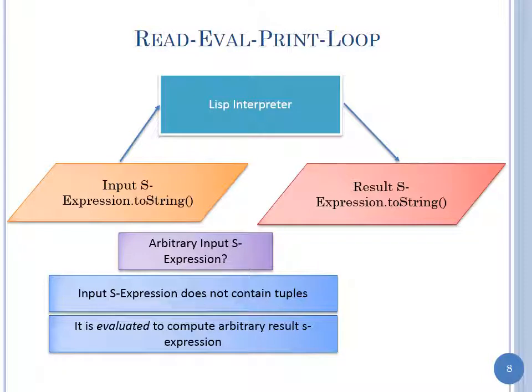Okay, so now we understand the Lisp interpreter a little bit better. So now we know that it takes as input an input S-expression dot to string and creates a result S-expression dot to string. And that input S-expression does not contain tuples because you can't just type in A dot B there. Okay, A dot B is not a valid input in a Lisp input.